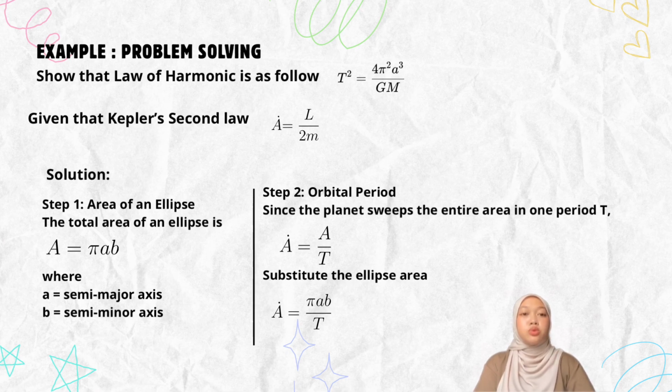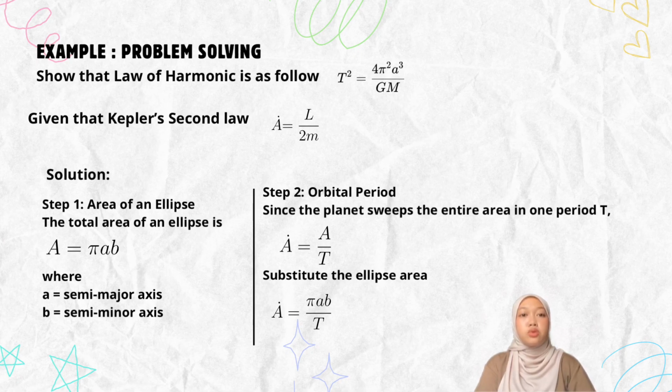For step 2, since the planet sweeps the entire area in one orbital period, T, the area velocity can also be written as A dot equals A divided by T. Then we can substitute the area of the ellipse from step 1 into A. So it becomes A dot equals pi times a and b divided by T.